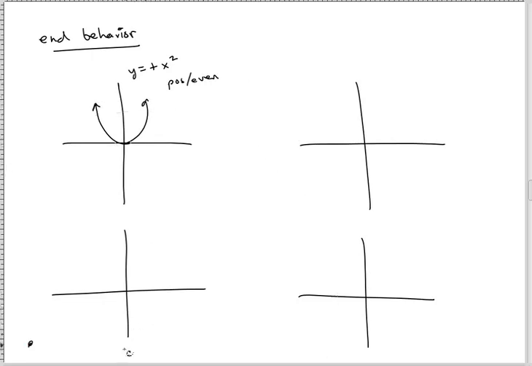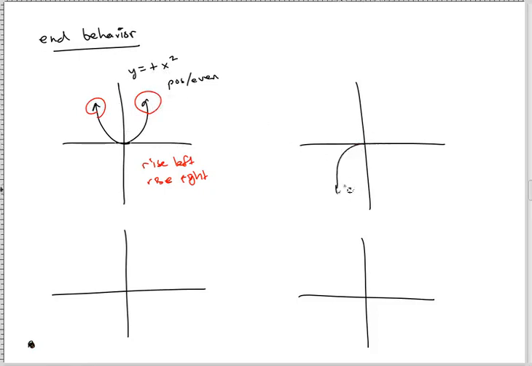And the arrows, you can see, are both going up. So rise left, rise right. I don't think I'm going to write that down for each one of these because it's sloppy looking and it takes a lot of time. But the idea here is that they're both going up. I don't care about the wiggles in the middle. I care about the arrows. Positive front, even power, they're both going up.